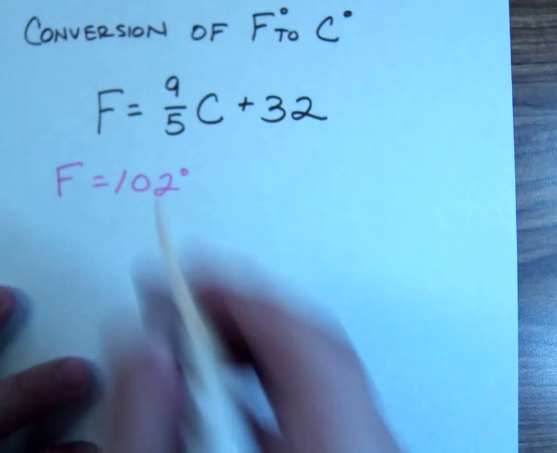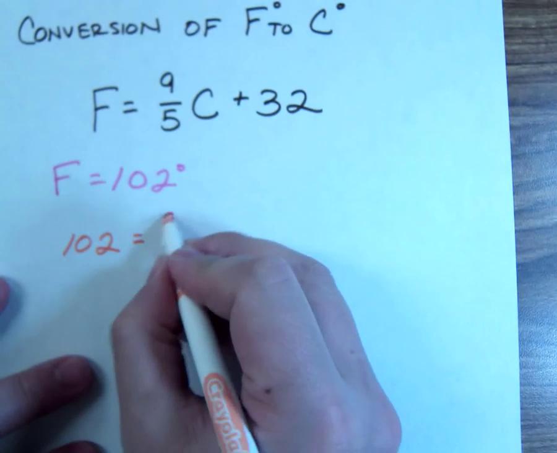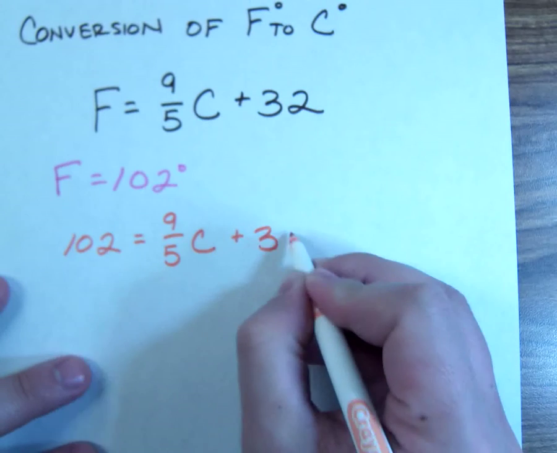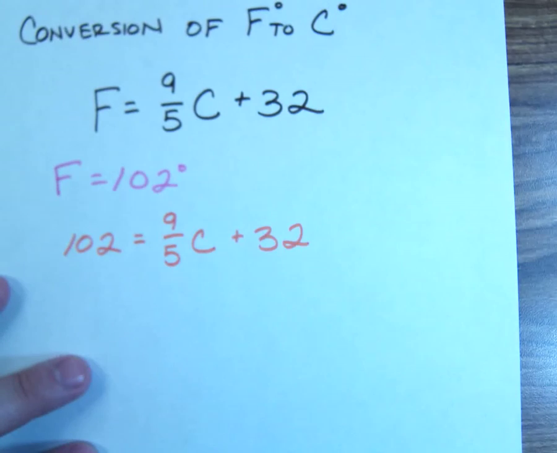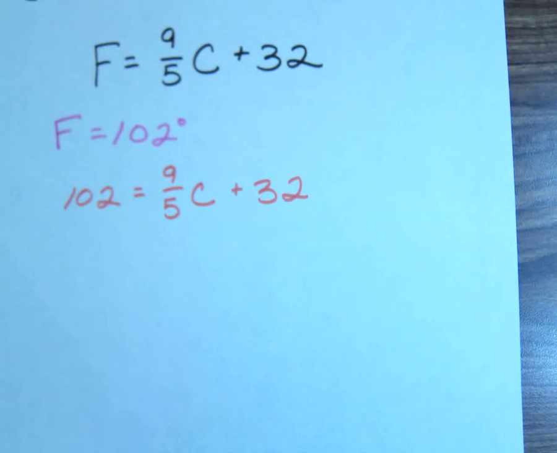Well, let's do some replacement. Instead of F, it'll be 102. C is going to stay C because I don't know what the temperature Celsius is. Now, how do I figure out the temperature Celsius? Do the fraction first. What should I do with it? Multiply by 5.